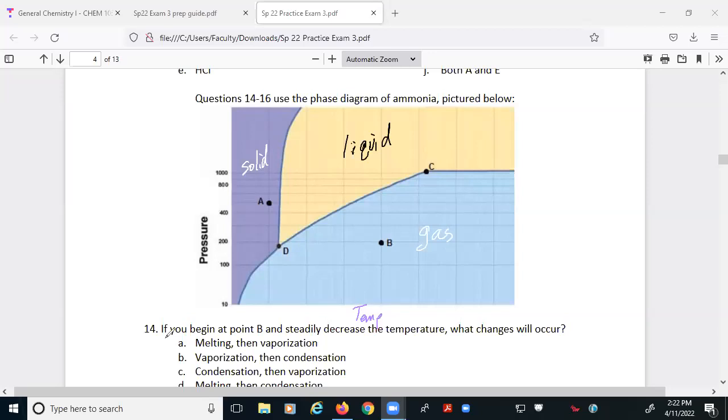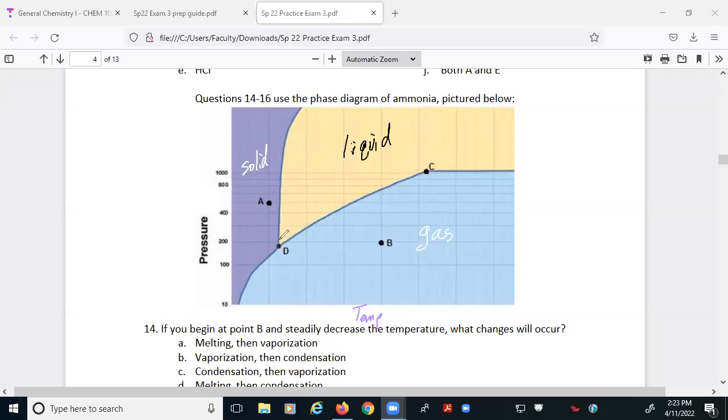If I were looking at the boundary between letter C and letter D, we would be talking about boiling or condensing. If I were talking about the line between D and the bottom of the graph, we'd be talking about sublimation or deposition, depending upon, again, which direction we were going over that line, left to right or right to left.